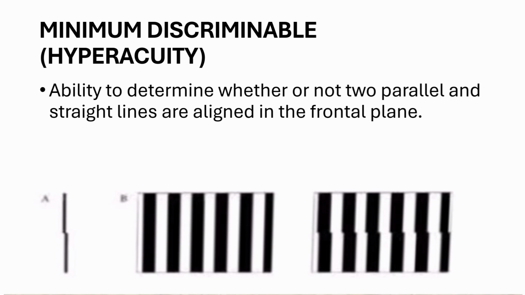This is the most precise form of visual acuity and can exceed the limits of retinal resolution. For example, in vernier acuity, detecting whether one line is slightly offset from another. In stereo acuity, detecting slight differences in depth using binocular vision. In bisection acuity, judging whether a line bisects a gap evenly.